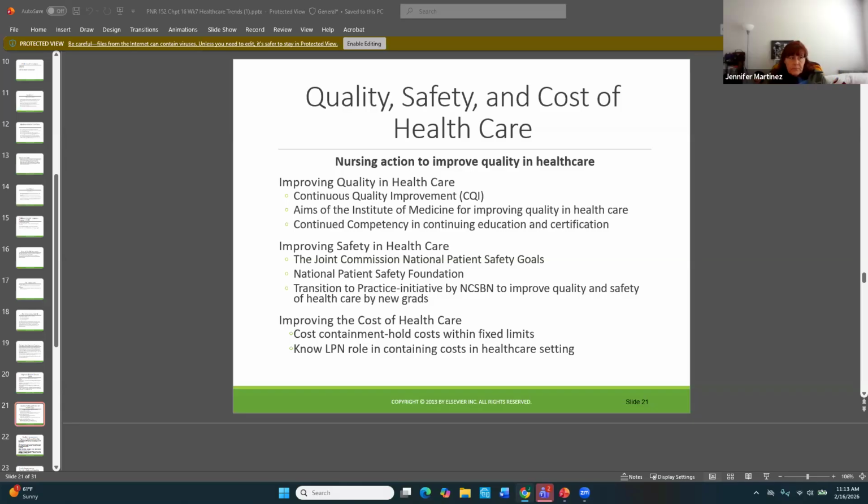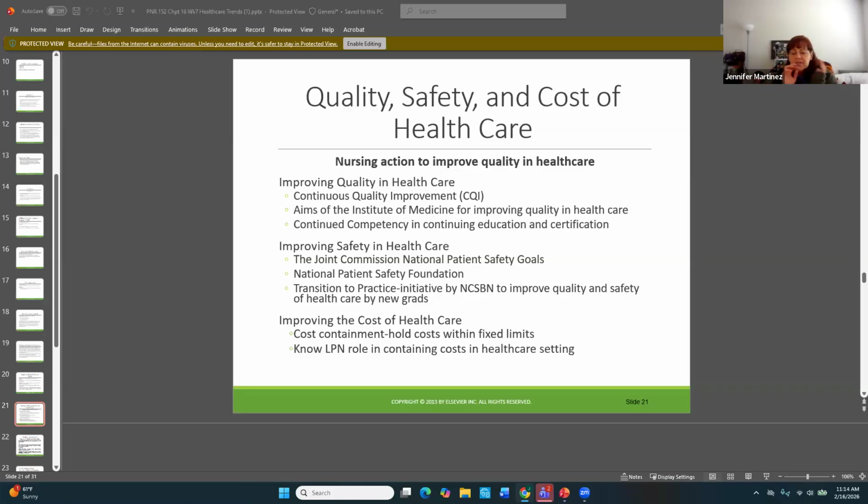So one of the things we have is CQI, which is continuous quality improvement. With CQI, we look at client incidences of harm or mistakes after they have occurred. Okay. So let's say you're working in a long-term care facility and you've had patients fall, either with injury or without injury.